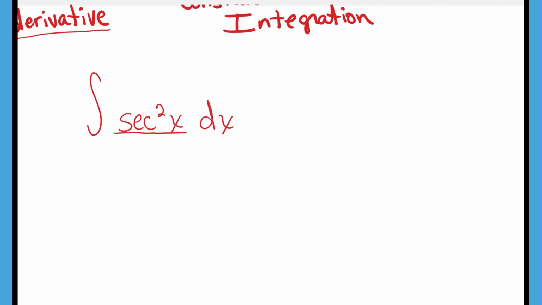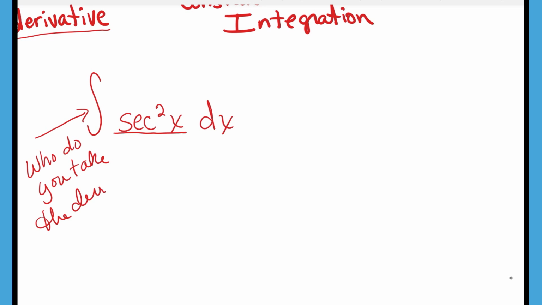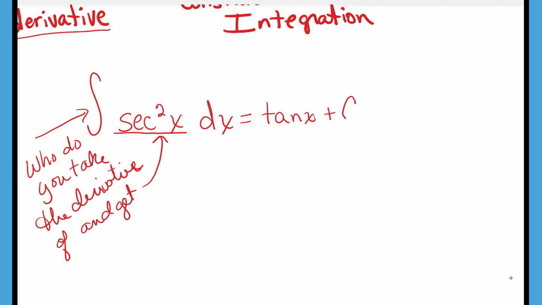What it means is, who do you take the derivative of and get secant squared? Well, we all know that that's tangent. And then don't forget to add that constant of integration.